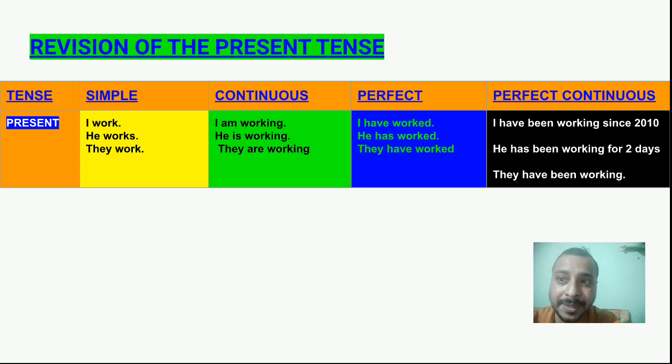Because he is the subject and it is the third person singular number, and this sentence is in simple present tense, so the verb will take es or ies, but it is taking s because the last letter of the verb is k, not ch, sh, x, z, o. Okay, so this is the thing. Next, continuous, present perfect, present perfect continuous. These are examples given and revisions given.